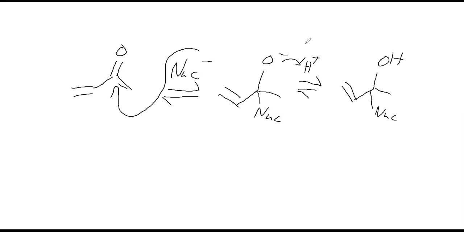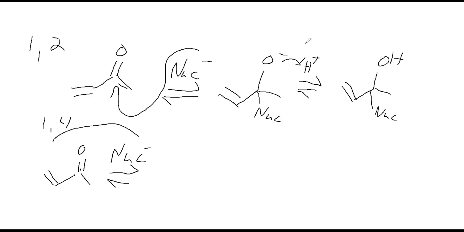But alternatively, we can see a 1,4. So that's the 1,2. The 1,4 could have that nucleophile attack here. That swing up there, swing over there.